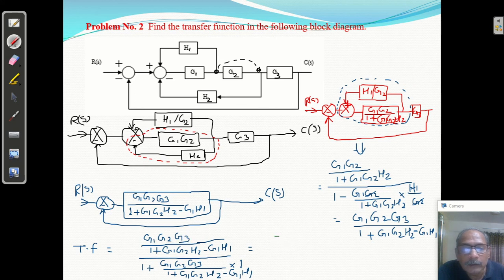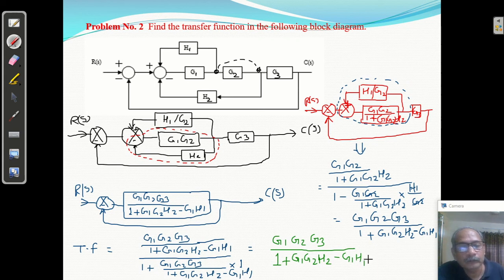G1 G2 G3 upon, after LCM this will be cancelled, upon 1 plus G1 G2 H2 minus G1 H1 plus G1 G2 G3.